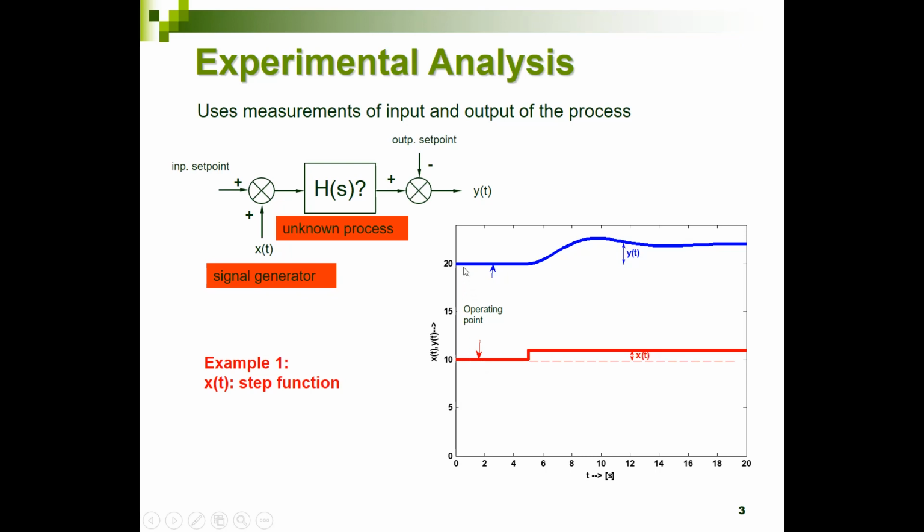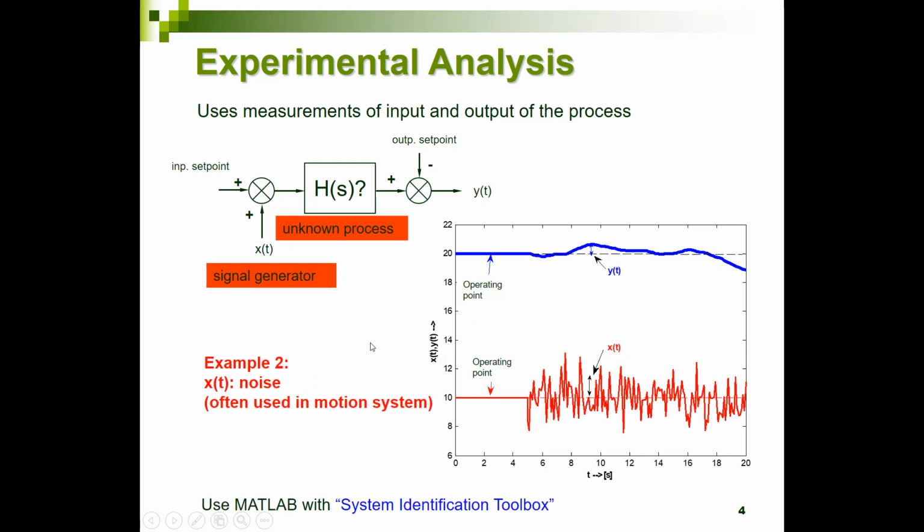At an input of 10, the system has an output of 20. Now we are applying an extra step set point to the input. So we add that step function to the input signal and we see how the system responds to it. And based on that response, we can define what kind of system it will be, and we can calculate and define the missing parameters. That's the first method of experimental analysis in the time domain.